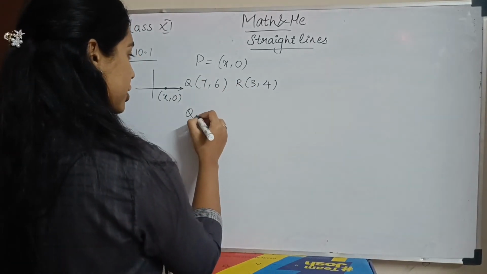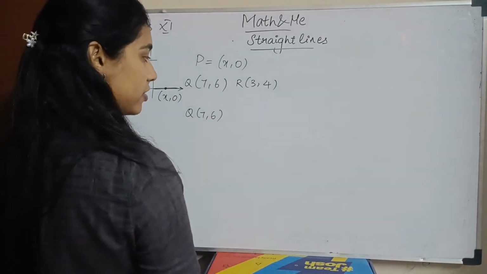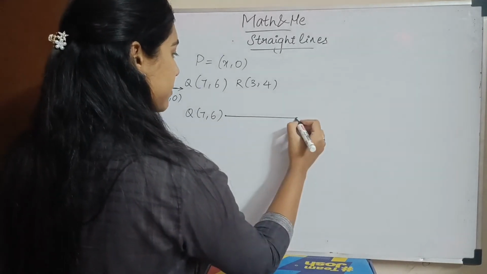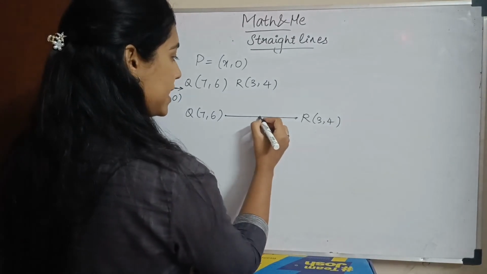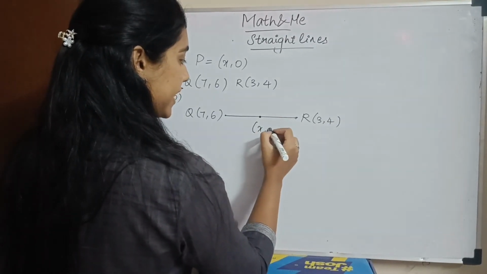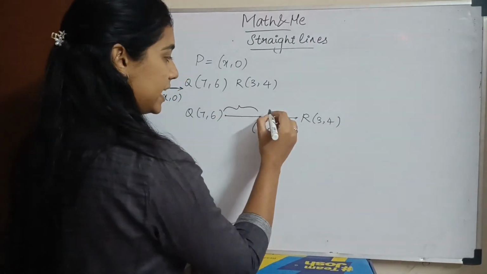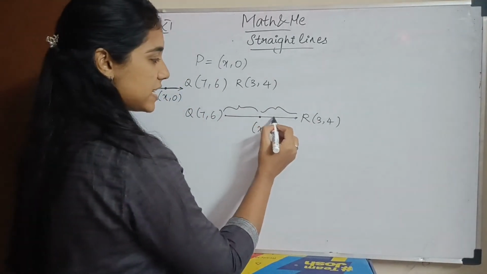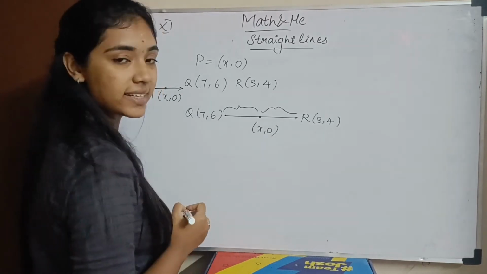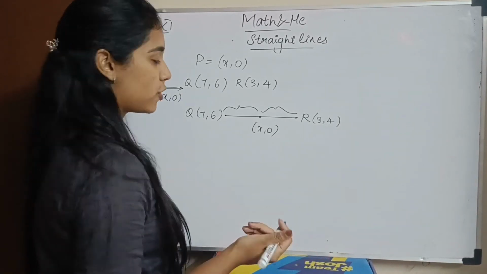So you have Q (7, 6) somewhere here. This is the line segment QR, where R is (3, 4), and P is somewhere on the x-axis, equidistant from both the points. So basically this distance is equal to this distance. You need to find what x is. Again you are going to use the distance formula.